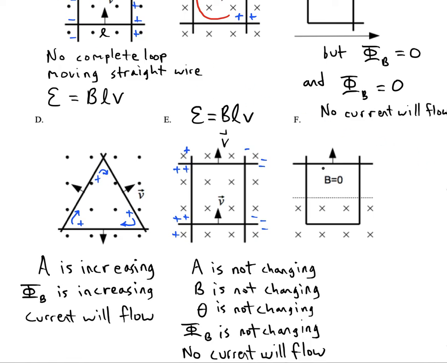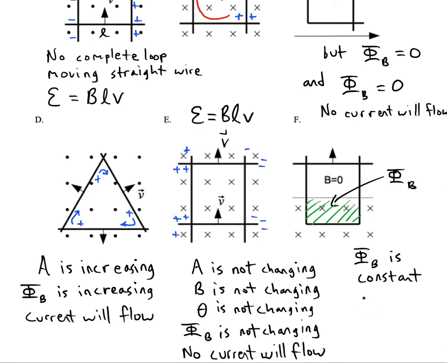In this problem, we see that the area of the loop technically is changing. But is the flux really changing? Well, the initial magnetic flux is really due to the field that's in this portion of the loop. And even if the wire moves up, that amount of flux is really not going to change. So the magnetic flux here is actually constant.